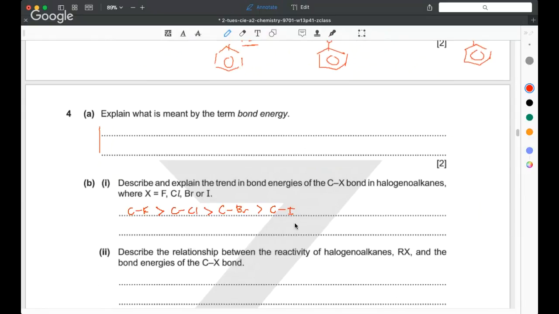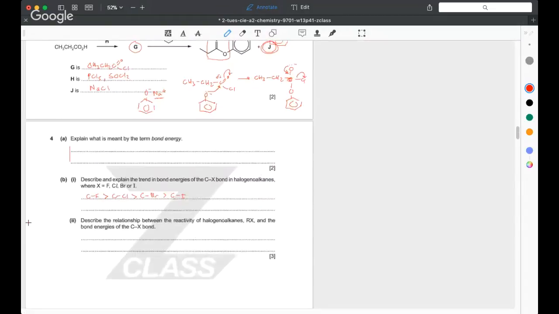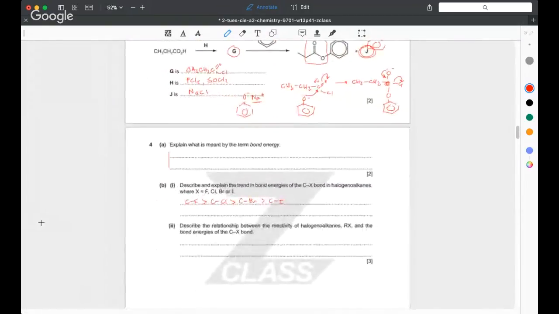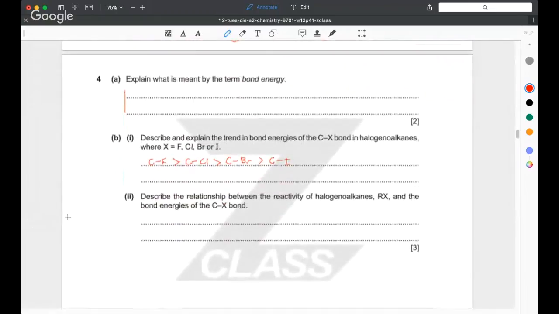And the relationship between those bond energies is that as the bond energy decreases, it's much easier for that bond to be broken and for the halogen of a halogenoalkane to be substituted.